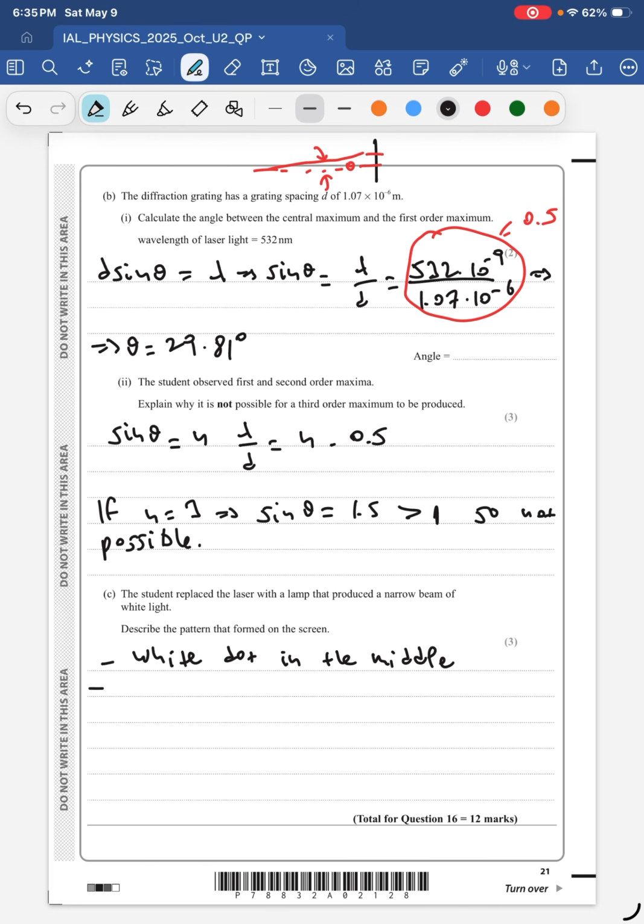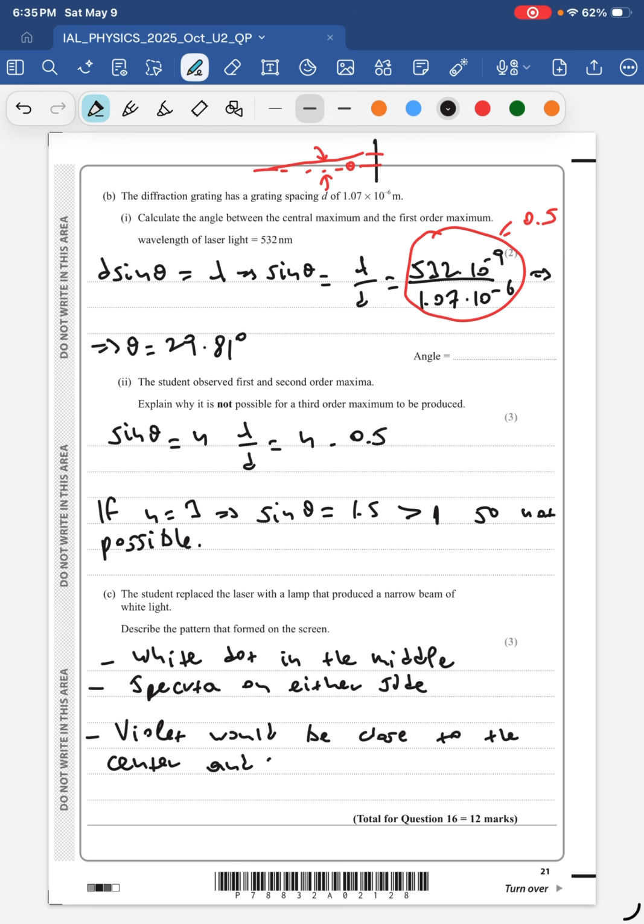Okay, so we have a spectra on either side, and the violet would be close to the center, and red will be further from the center.